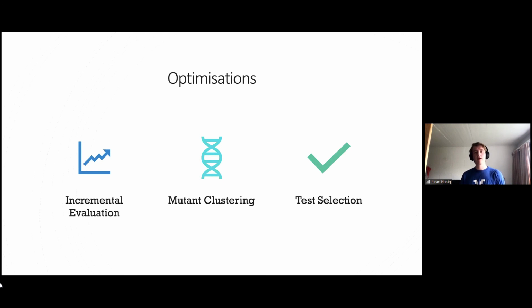Here the basic assumption is that if you run a mutation analysis in your pipeline or frequently on your code base, then between those analyses the tests that kill certain mutants will stay the same. A lot of things will stay the same, so you might be able to reuse this information.